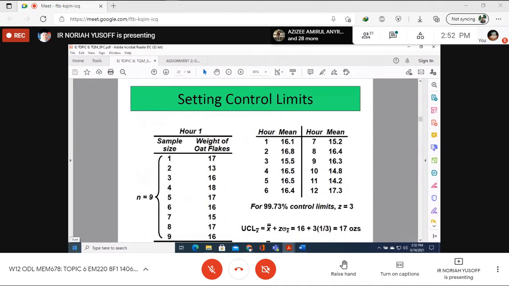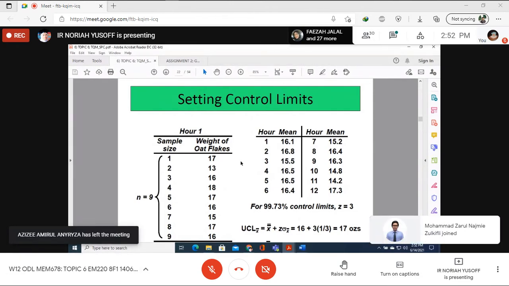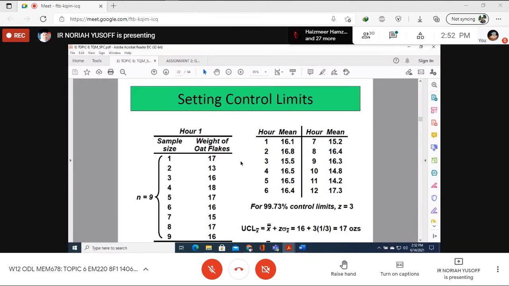So in this example, each time the sample size dia is actually 9. So this example is about they measure the weight of the oat flakes ataupun cereals. Okay, so hour number 1 ataupun for the first hour, the operator went to the line and took 9 samples ataupun 9 readings.